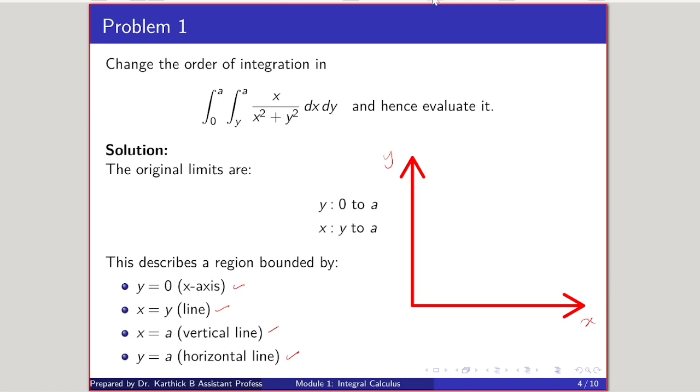Here y varies from 0 to a, x varies from y to a. So I may take this y equal to 0, it represents the x-axis.